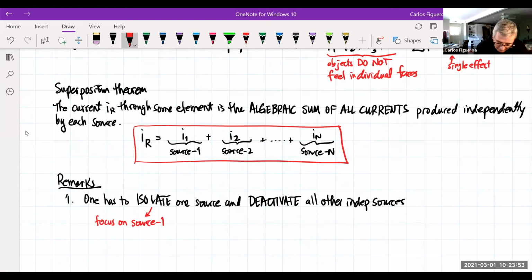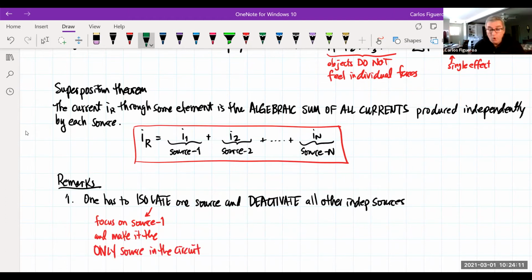So we focus on that one and make it the only source in the circuit.